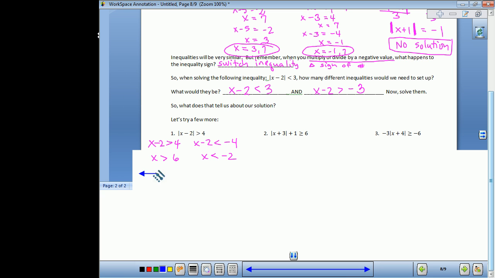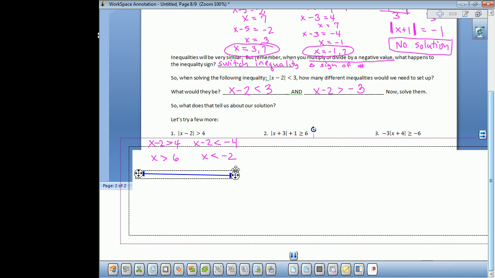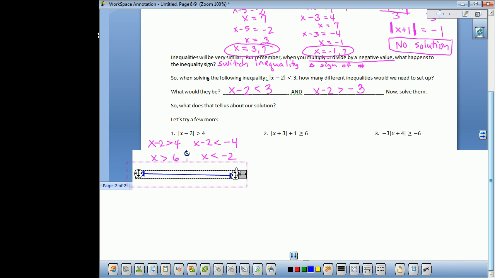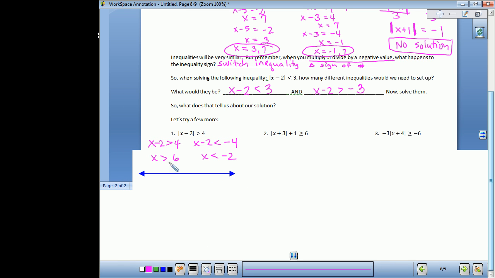If we graphed it on a number line, which we could see on the PSAT, SAT, it goes away from each other. It would go this direction and this direction. So it is not coming together. The answer would be greater than 6 or less than -2.